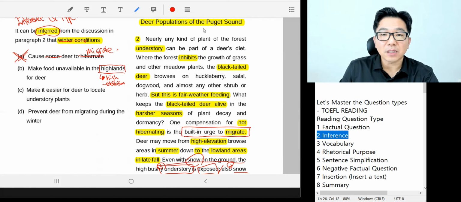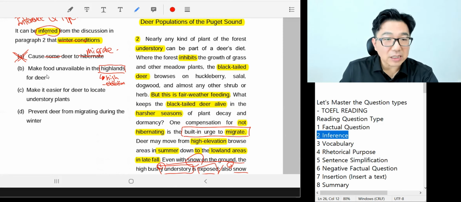They have to give up this area to move to lowland area. Why? Because during winter they cannot have this food source, unlike during fair weather, during warm weather. So B is perfect, right?